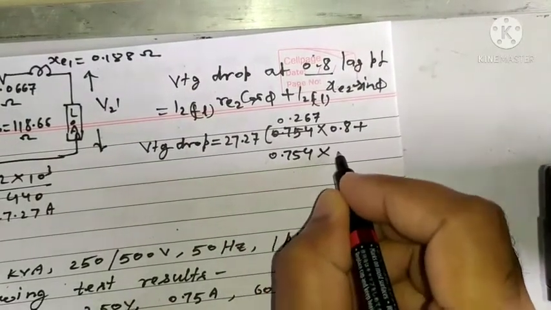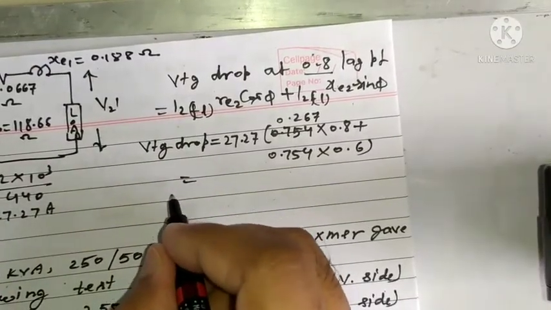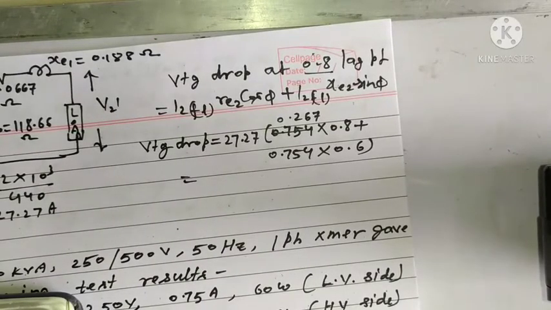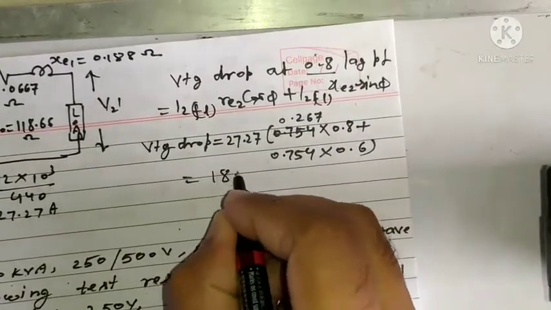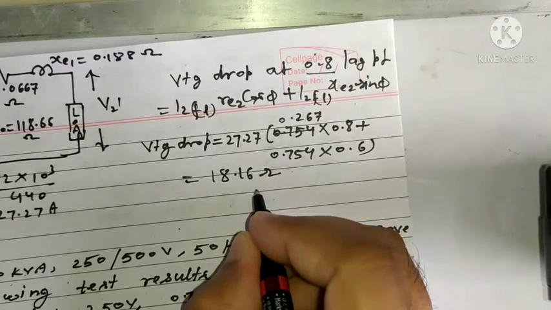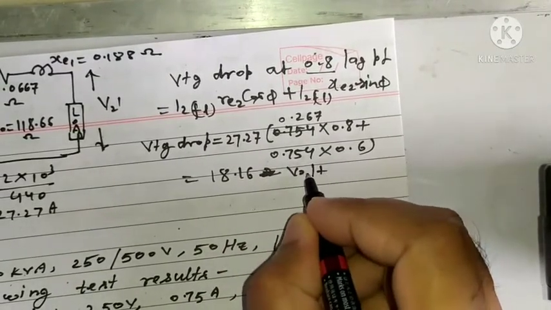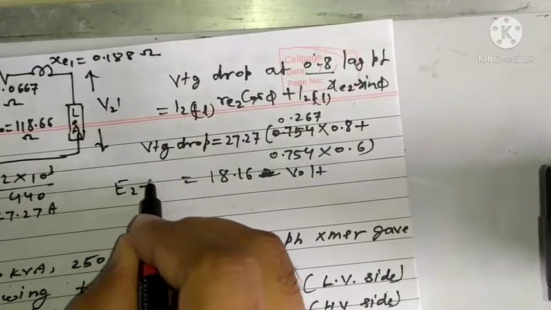So it comes as 18.16 volt, which is the voltage drop, also given as E2 minus V2.